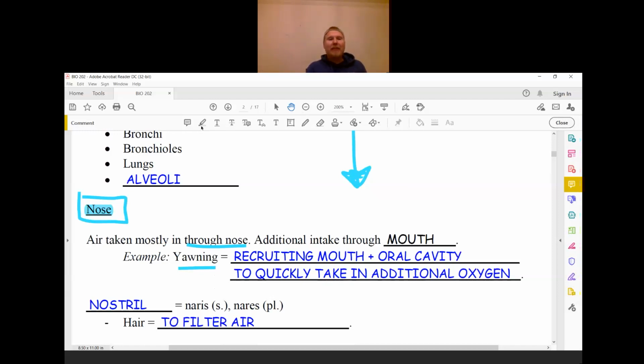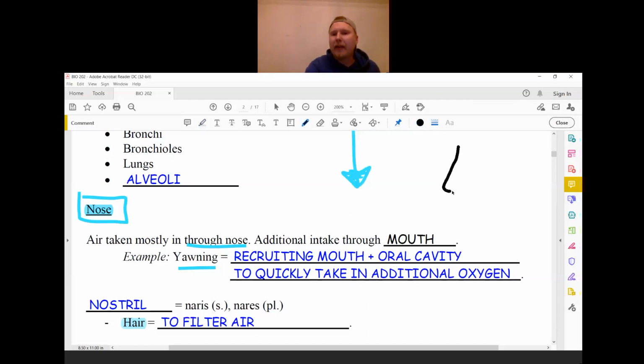When we start having a look at the nose, one thing that we notice is the nostrils, naris for singular and nares for plural. Within the nostril, we do have hair. Let's do a quick sketch here.